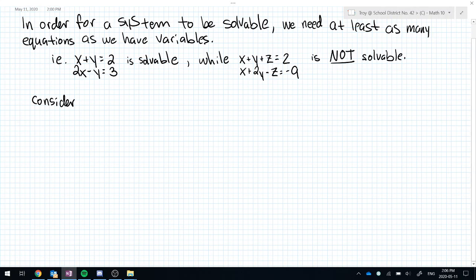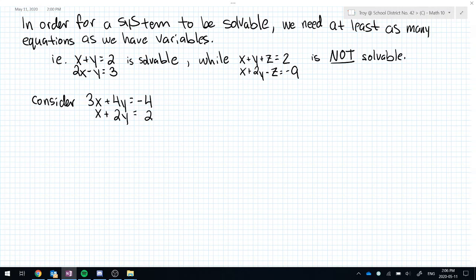Okay, so let's consider this system. 3x plus 4y equals negative 4. That's our first equation in the system. And then x plus 2y equals 2 is our second.